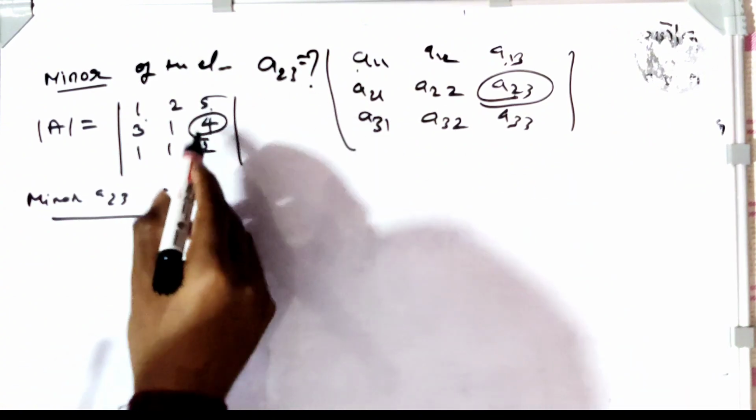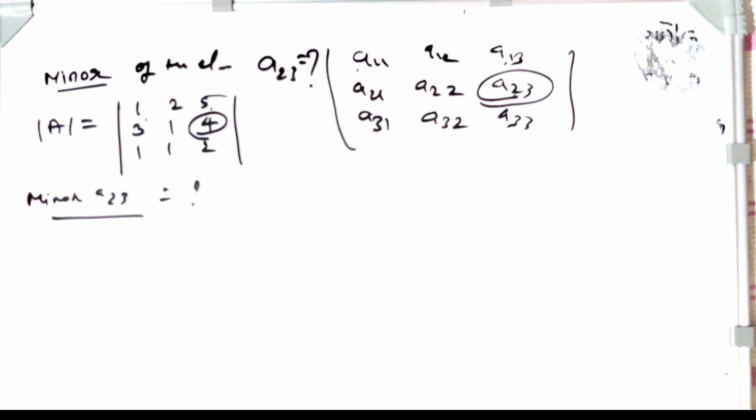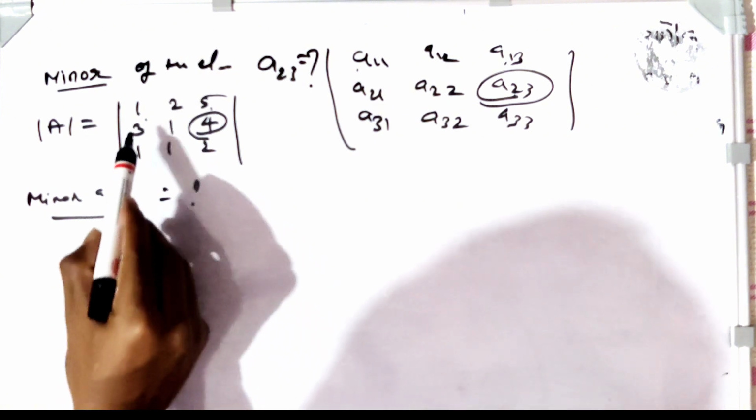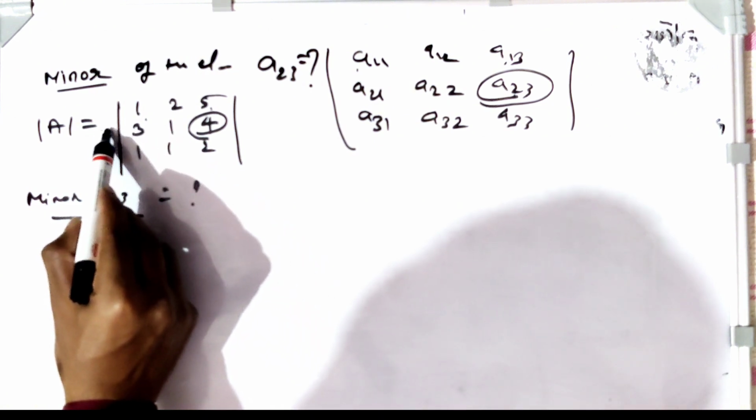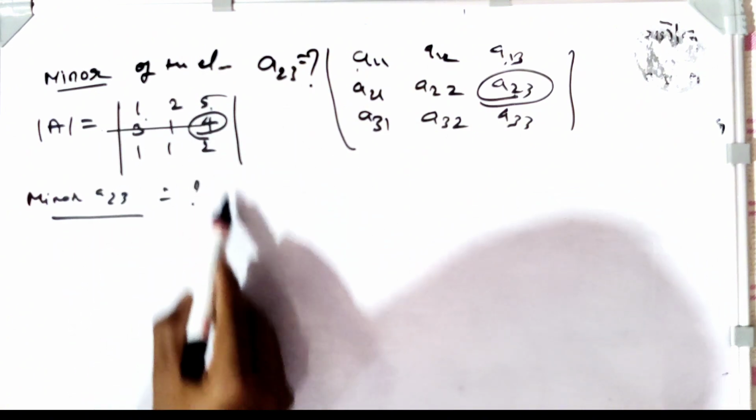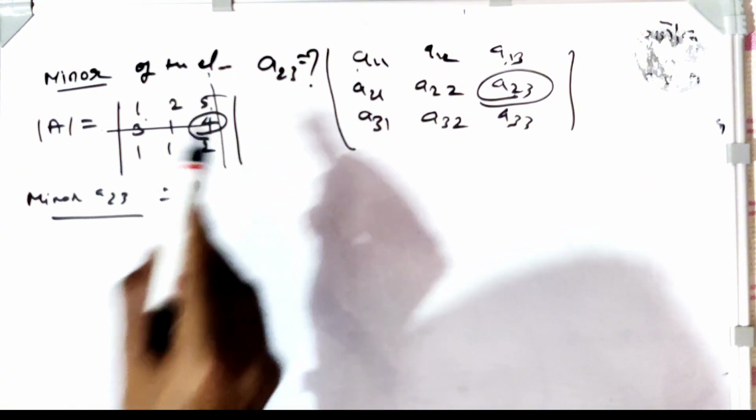A23 is 4. To find the minor of this element, neglect the row of that element and the column of that element.